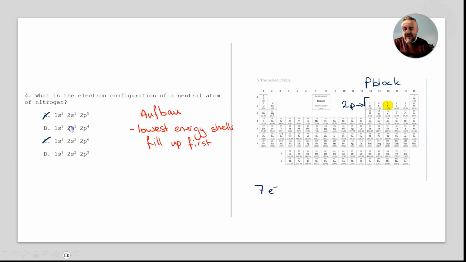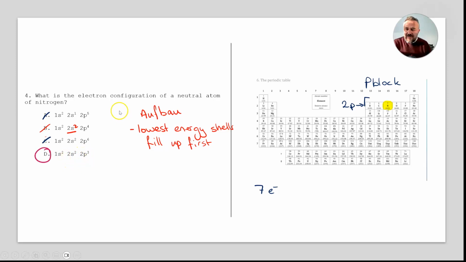So here in B, you'll notice we have a 2s1, and over here we have a 2s2. So these both have 7 electrons, but here the lower energy is not filled up first. So that should be 2s2, and here the lowest energy is filled up first. 2p3. So 1s2, 2s2, 2p3 is our correct answer.